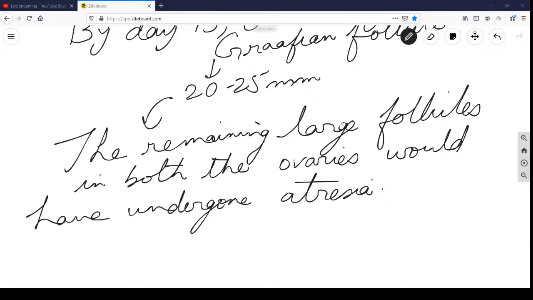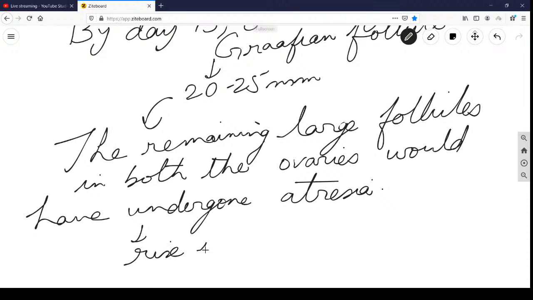Now, estradiol is secreted by the larger follicles in each ovary, including those that may later become atretic, because they did express the FSH receptor. That's why they were able to reach the 14 to 21 mark. Now this rise in estrogen would cause the uterine endometrium to proliferate or thicken during the follicular phase.